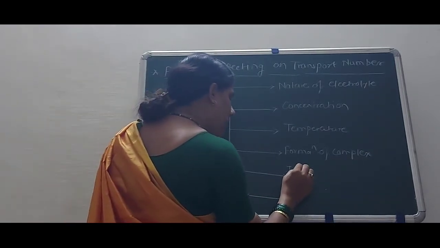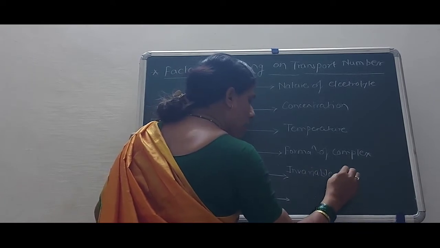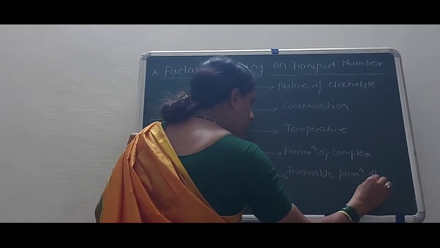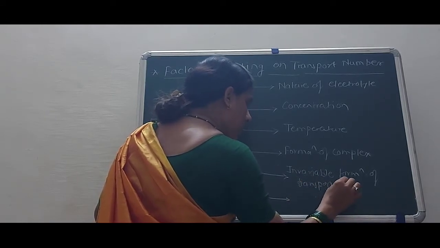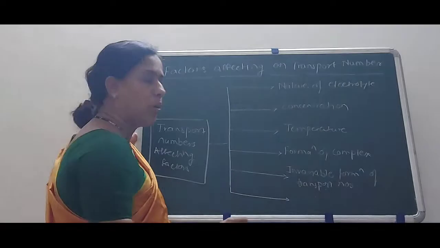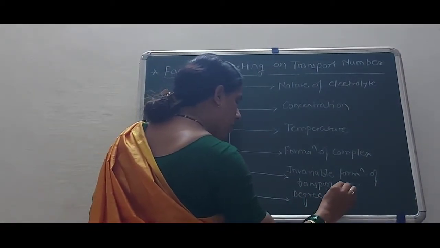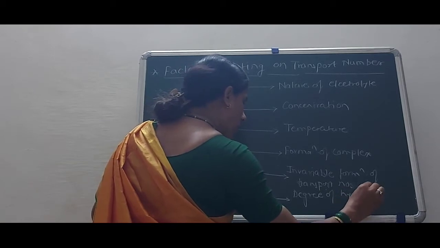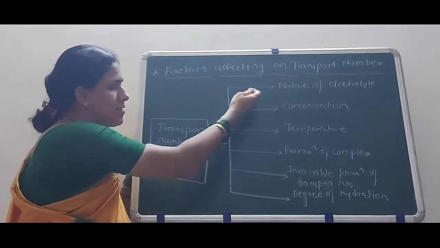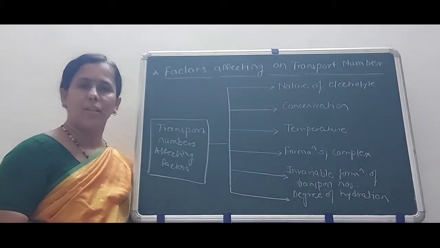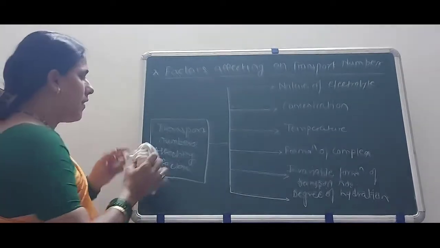Fifth is invariable formation of transport numbers, and last is degree of hydration. So now we will discuss these 6 factors one by one. Let us see the first factor, that is nature of an electrolyte.